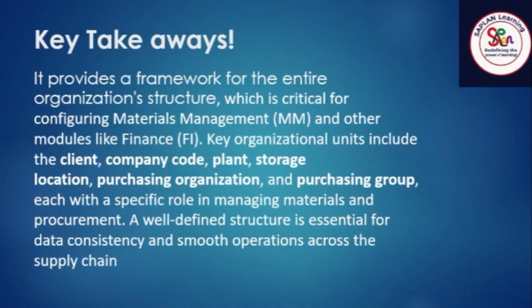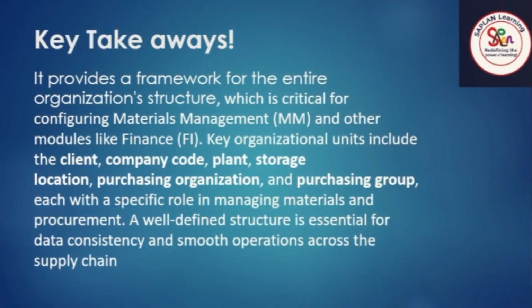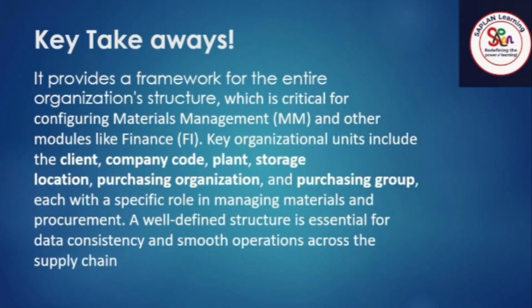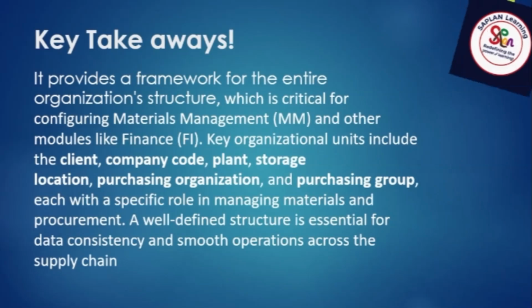And the important organization units include your client, company code, plant, storage location, purchasing organization, each with a specific role in managing materials and procurement. Okay, so it is a well-defined structure which is essential for data consistency and smooth operation across the supply chain.